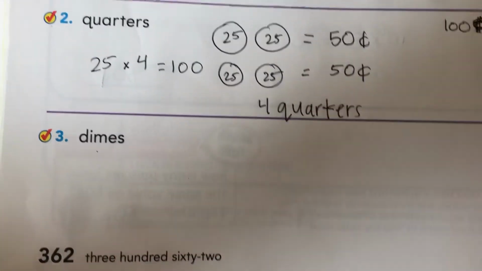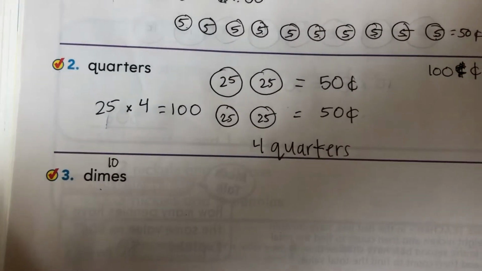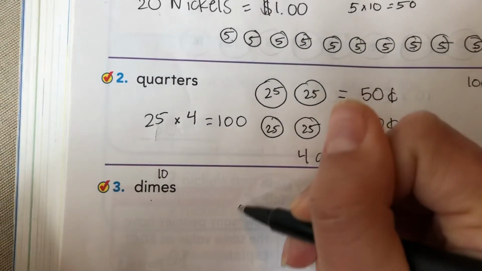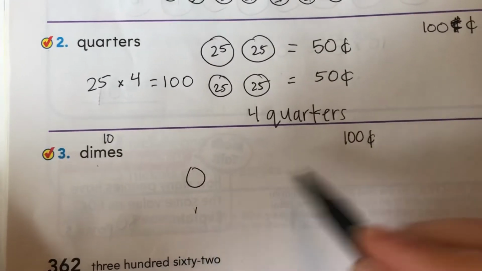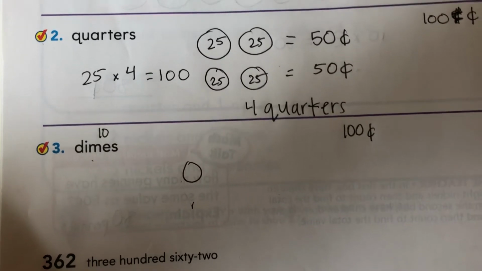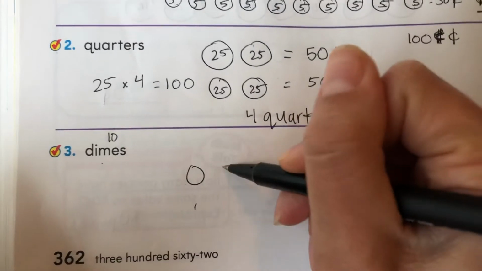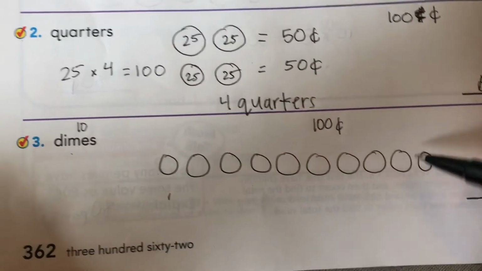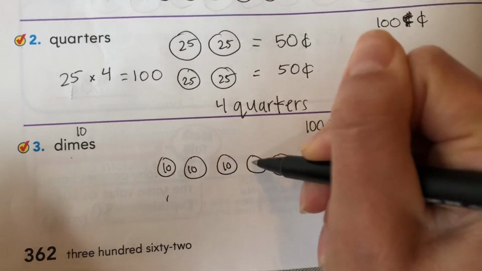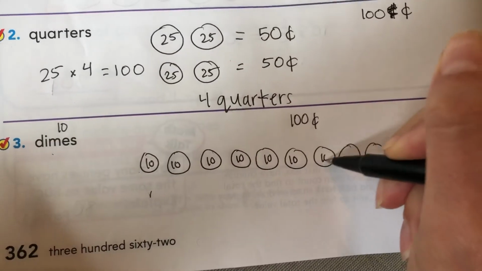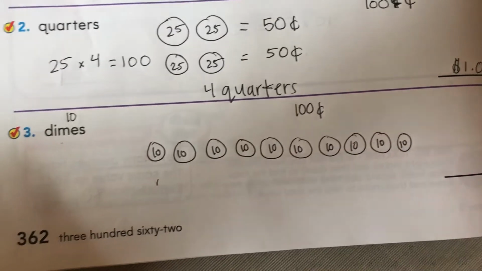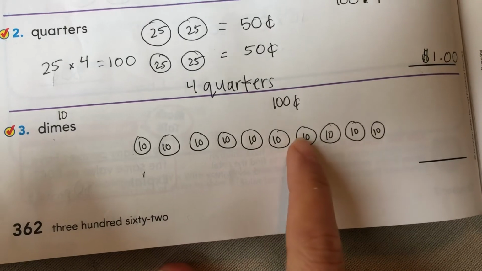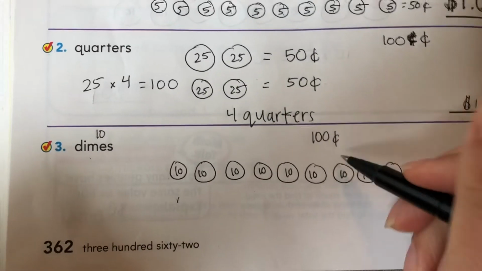Okay, dimes. Remember, dimes are each worth 10. And I want to get to 100 cents. I know there are 10 tens in 100, so I already know I'm going to be drawing 10 dimes. 5, 6, 7, 8, 9, 10. 10, 20, 30, 40, 50, 60, 70, 80, 90, 100 cents.